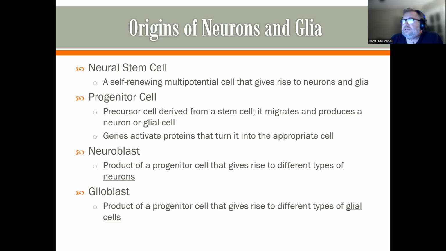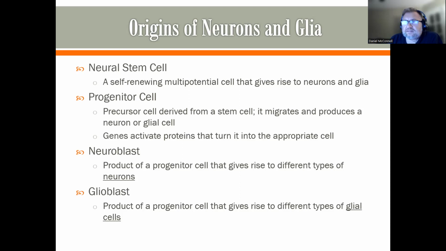And one of the things that they do, in the case of neural stem cells, is create progenitor cells, right? So when they create a progenitor cell, which comes from the stem cell, it's going to migrate, right?